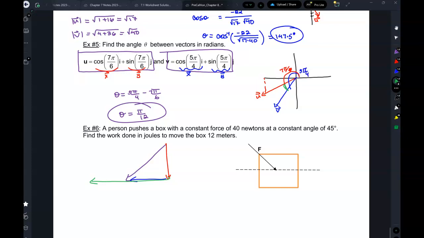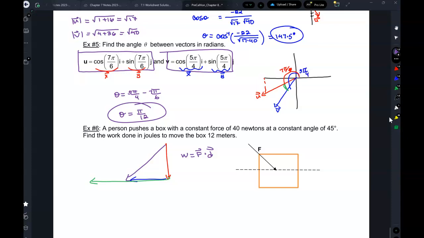So in science or physics, you learn about work. Back in middle school, they teach you work is force times distance. Not really. Work is F dot D. That's really what it is. So in order to do work, it's the dot product of force and distance, because only the component of the force that is in the same direction as the motion is being used in the work.